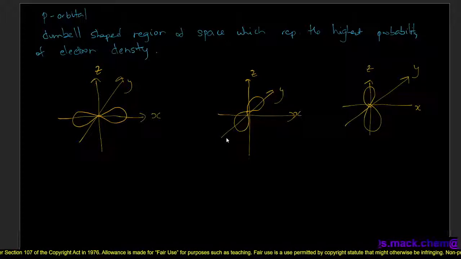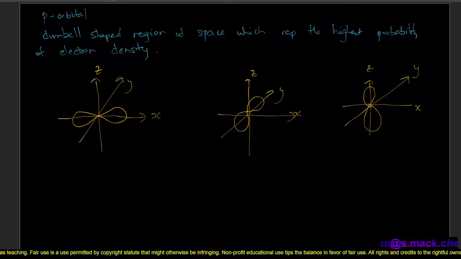We are saying that the p orbital is a dumbbell-shaped region of space, or a dumbbell-shaped orbital, right, which represents the highest probability of electron density. So in every p subshell, you're going to find 3 p orbitals.